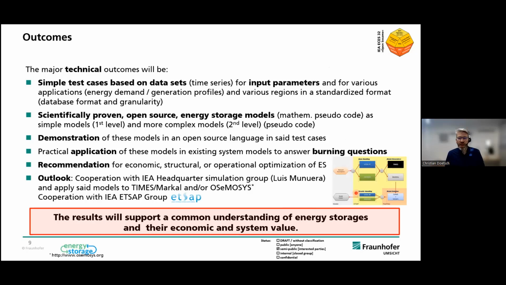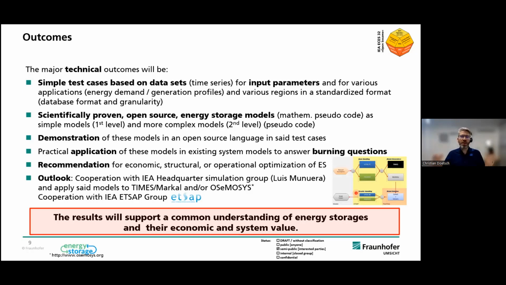So we defined some major outcomes there, and as mentioned on the first slide, we also want to give some simple test cases based on data sets to make it more clear. If you have a model and you want to run it, you need something going in and going out. You need energy generation on the one hand, and you need an energy demand.